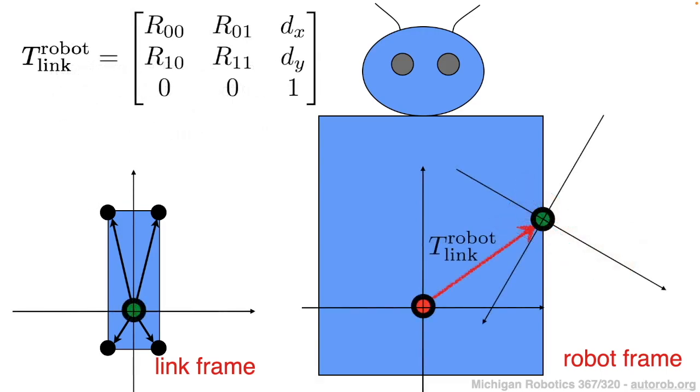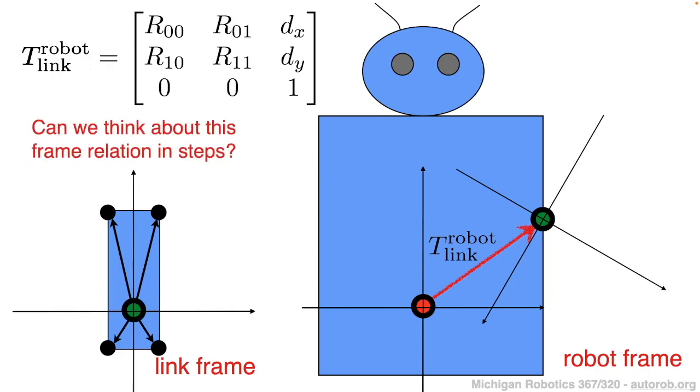In particular, the link frame origin point would be expressed by this green circle, and it would correspond to the transform that we talked about, from the link frame to the robot frame. So if we rotated and translated the link frame origin into the robot frame origin, we should arrive at the green point shown in the robot frame.